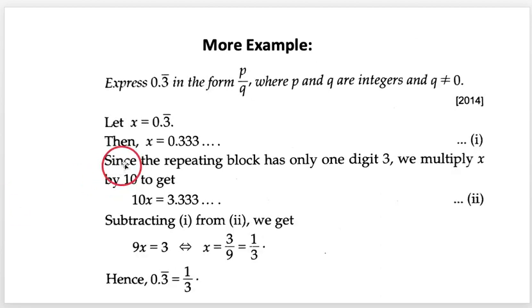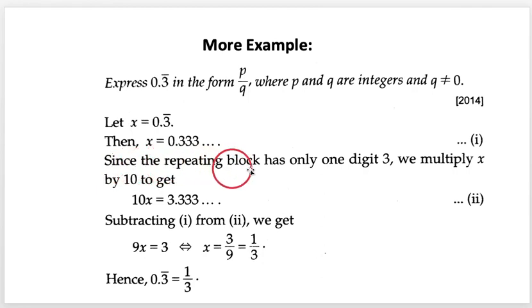Now we'll see more examples. Suppose we express 0.3 repeating in the form p by q, where p and q are integers and q is not equal to 0. Let x = 0.3 repeating. I told you earlier that if I remove the bar bracket, then we can write it this way, 0.33333.